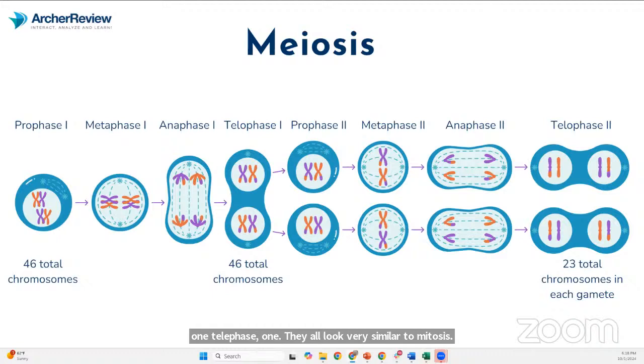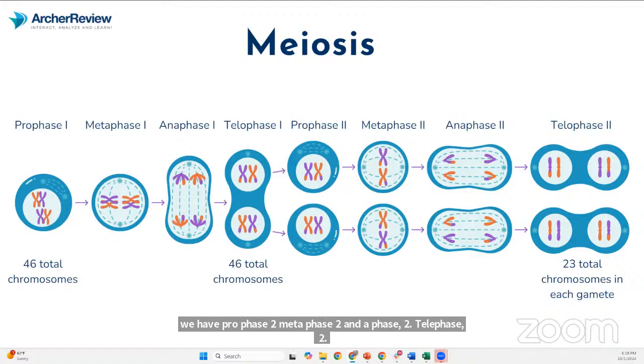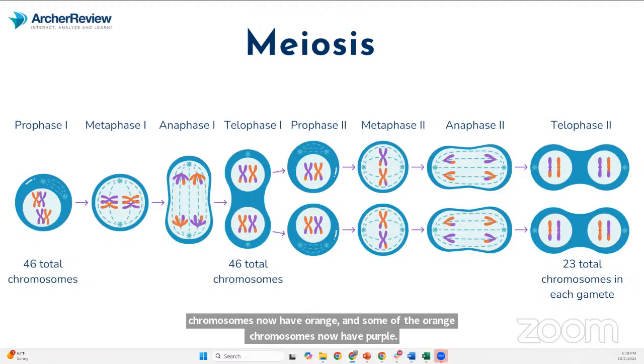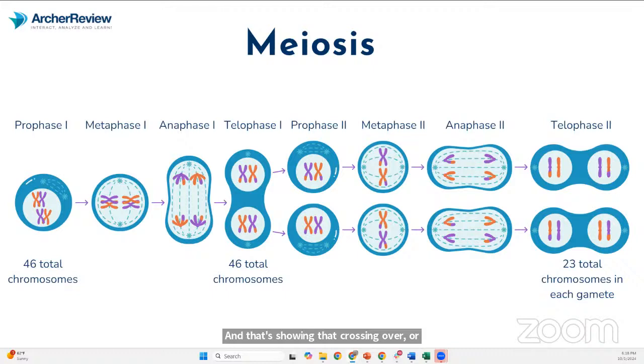Then we have prophase 2, metaphase 2, anaphase 2, telophase 2. Again, looking relatively similar. The distinctions that I want to draw here is, if you look very closely, you'll see that some of the purple chromosomes now have orange and some of the orange chromosomes now have purple. And that's showing that crossing over or that genetic exchange that leads to genetic diversity.